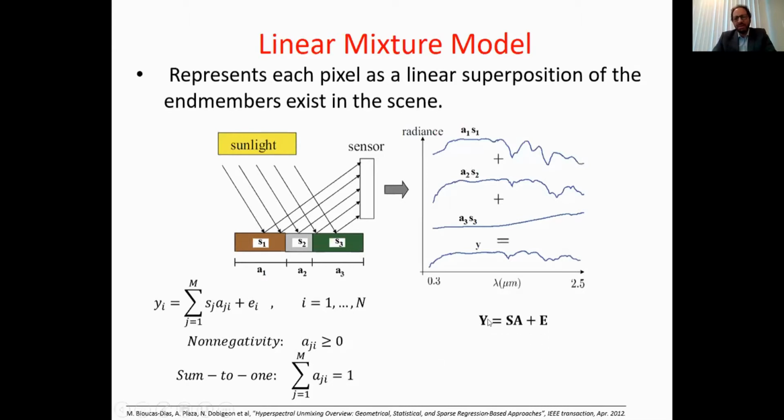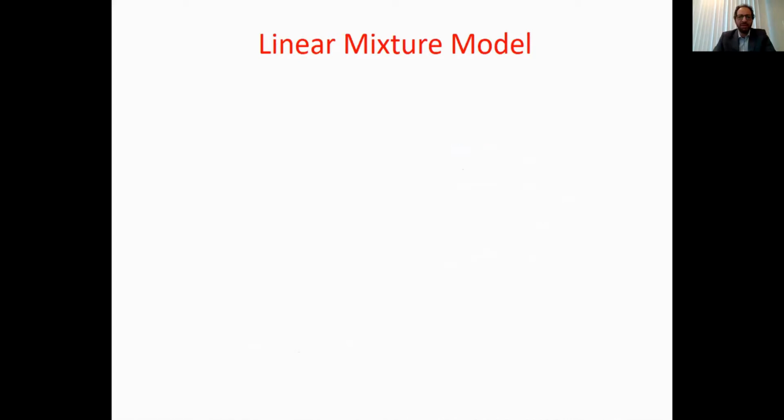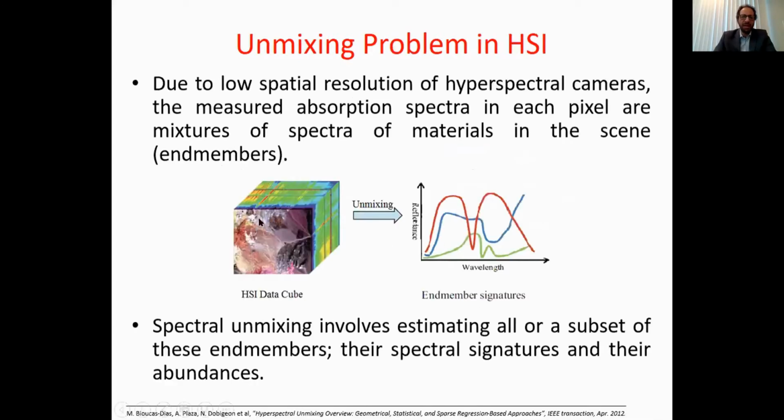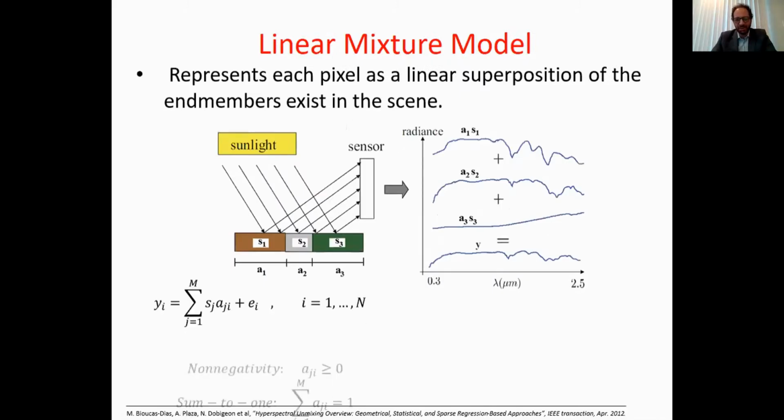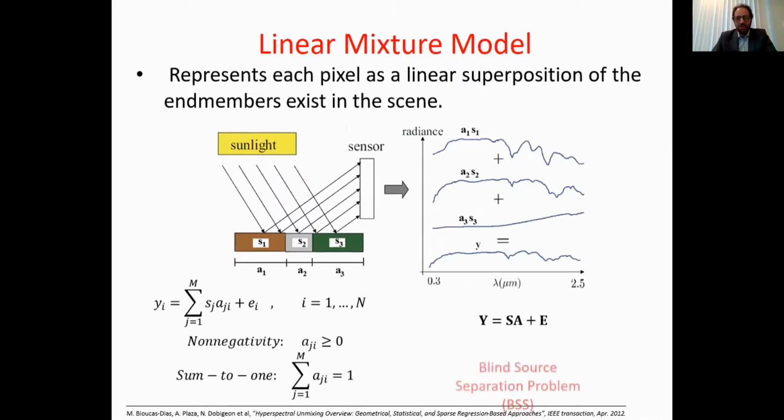So we can write this in matrix form where Y is equal to SA, where Y is essentially the matrix where you've taken this cube, that cube right here, and we just flatten it, so that the columns of this matrix are just the spectral pixels. When we do that, this is known in signal processing as a blind source separation problem.